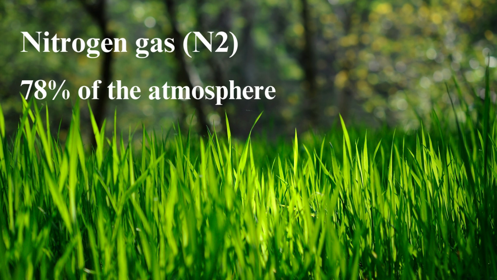Nitrogen gas, N2, makes up about 78% of the atmosphere. You breathe it in and out all the time. In fact, we are doing it right now. The problem with N2 is that you can't use it to make any biological molecules.